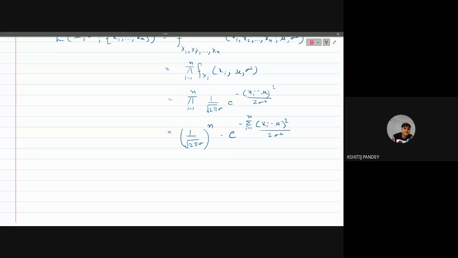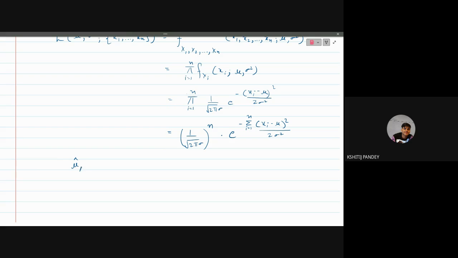And what's the step after this? We will simply differentiate this and equate it to zero, so the constant terms will not matter. The only thing that will matter is this part, e raised to the power summation of this entire thing. So the only relevant part here is this.